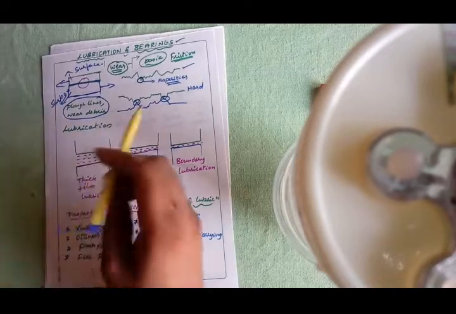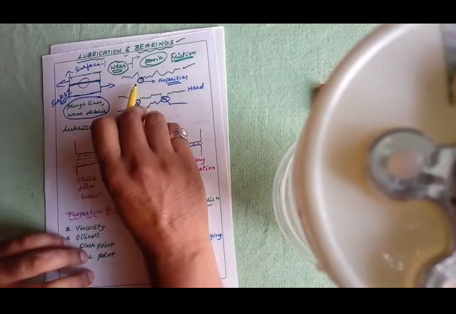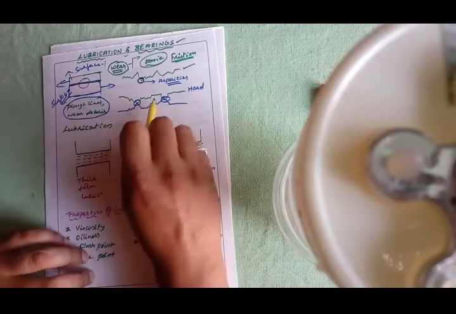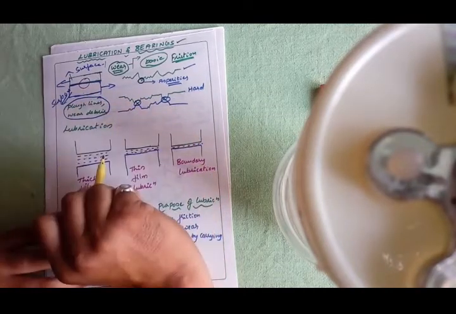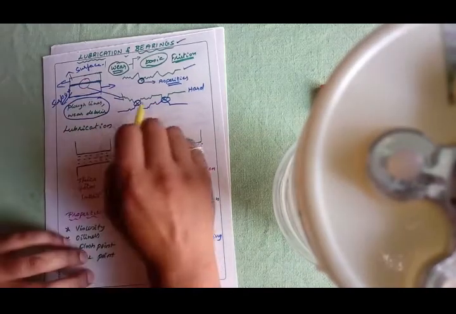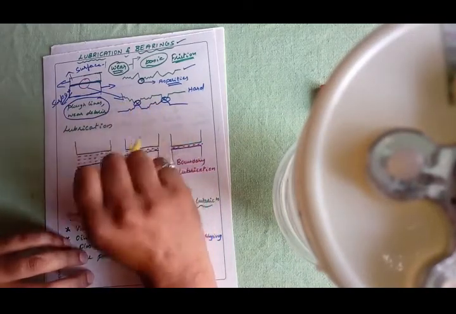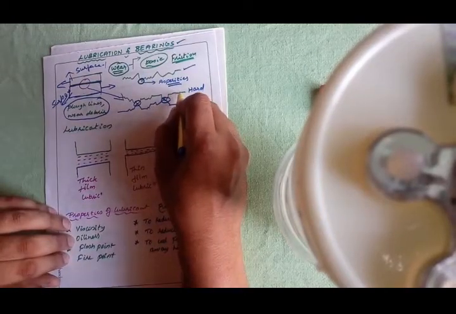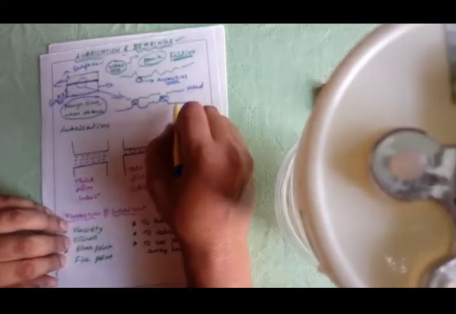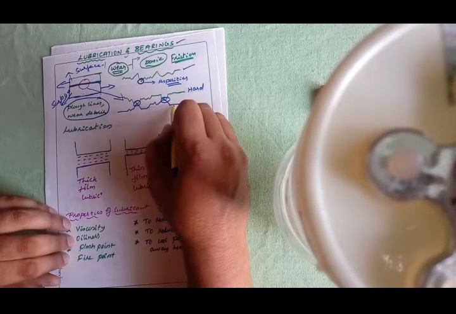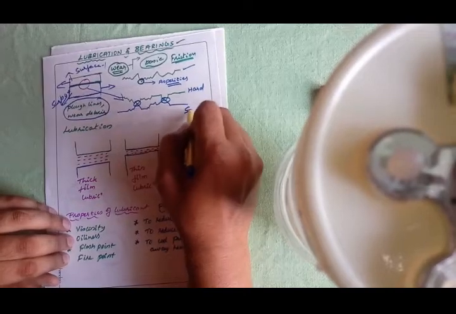Now see, when both the surfaces are brought in contact, as shown here, say for example the surface one, the green color surface, is very hard. Whenever the hard material is there, that hard material will penetrate into the surface of the soft material.